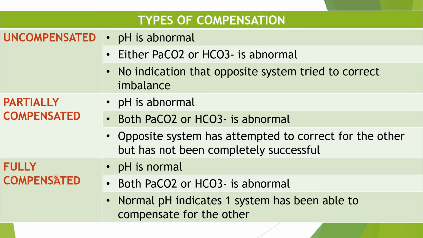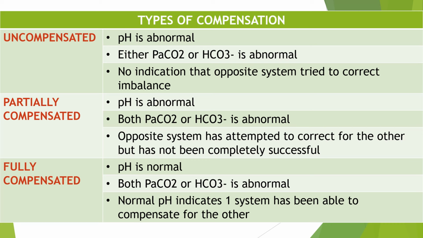Then for fully compensated, the pH is normal, but both PaCO2 and bicarbonate are abnormal because they are trying to compensate. That is why the pH became normal. The normal pH indicates one system has been able to compensate for the other. So these are the different types of compensation.